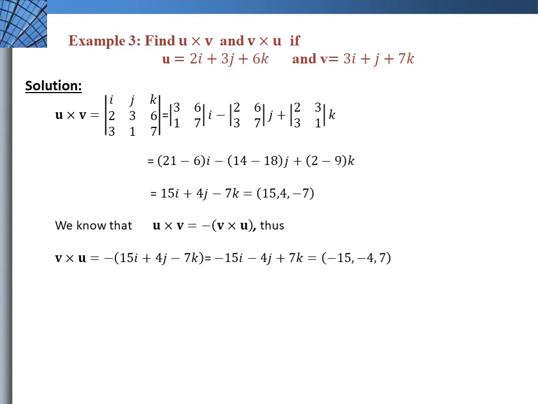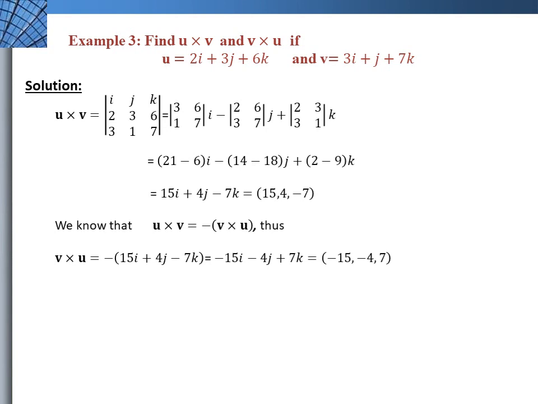The next row, V elements, are 3, 1, 7, and we know how to expand this determinant, and we simplify this 2 by 2 determinant. It is (21 minus 6) i minus (14 minus 18) j plus (2 minus 9) k, which is equal to 15i plus 4j minus 7k, which is equal to 15, 4, minus 7.